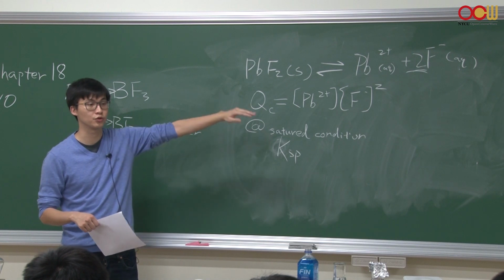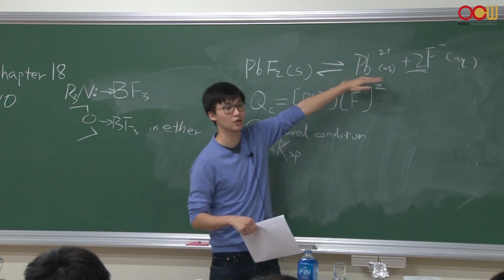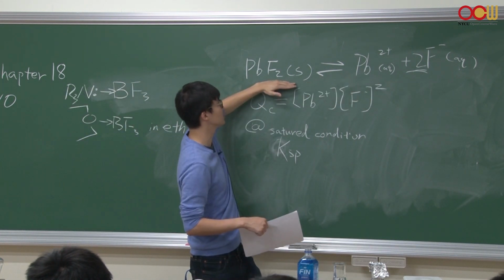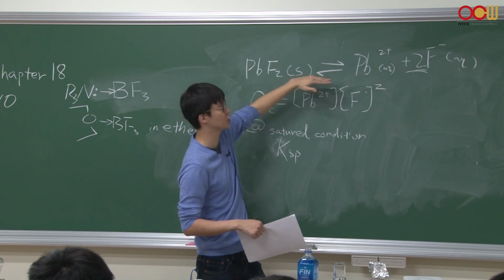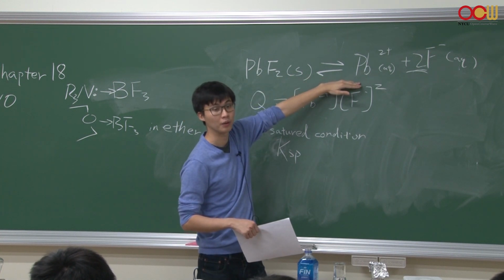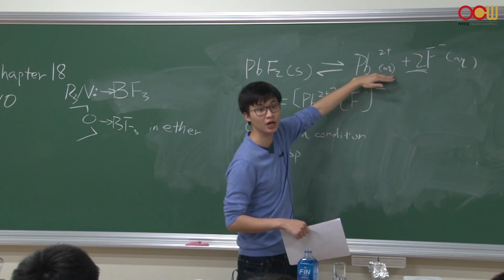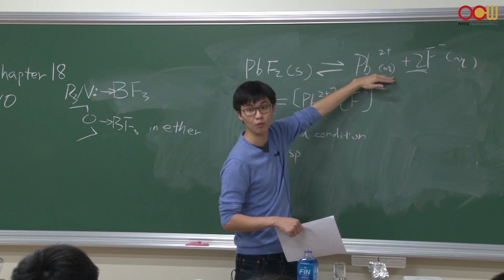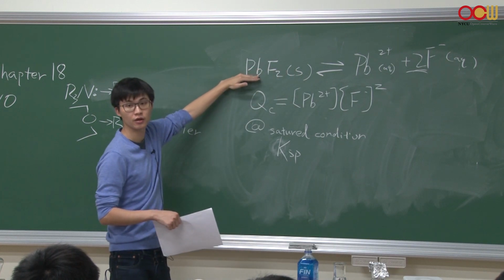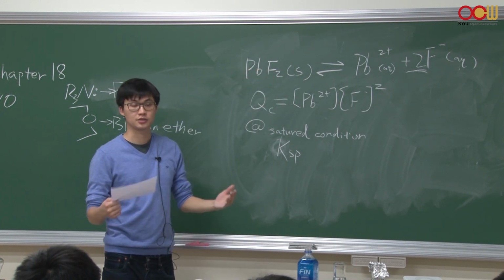It still needs to produce more product. In this case, we look at how much of these compounds would dissociate. But of course, you can look at it backward: we put in this amount of ions and see what happens. Would you get a precipitate or would you get a solution?